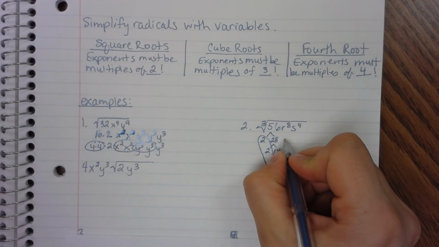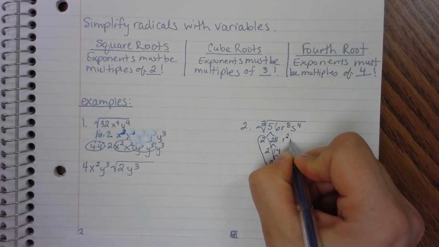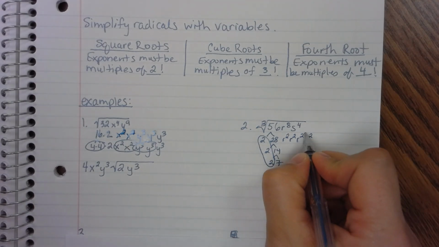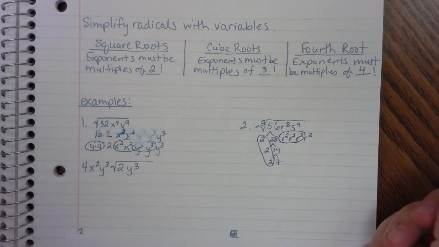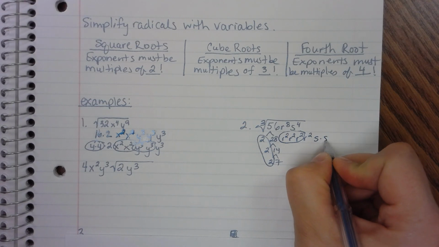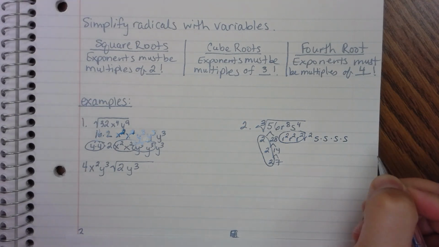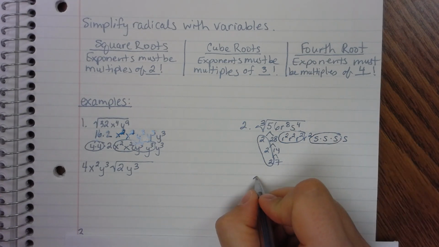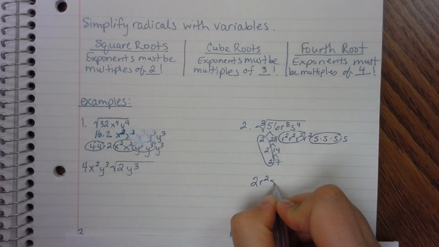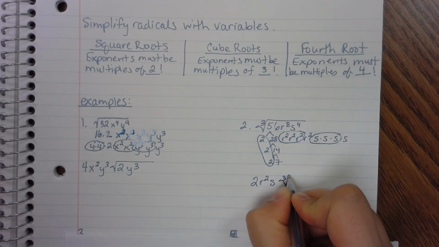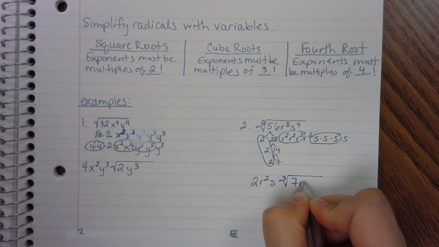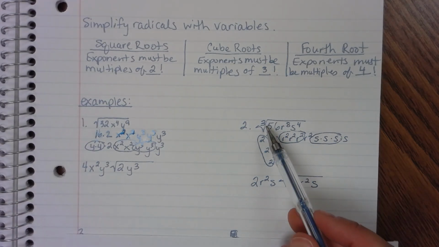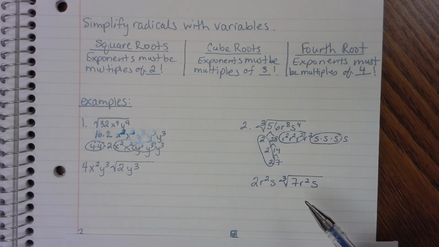So I'm actually going to break this apart into squares, because what this does is this allows me to get 3 of the squares. And then I have s times s times s times s. And so I have 3 s's. And so I have 2r squared s times the cube root of 7r squared s. Remember, I need that index in my answer to match the index in my original problem.